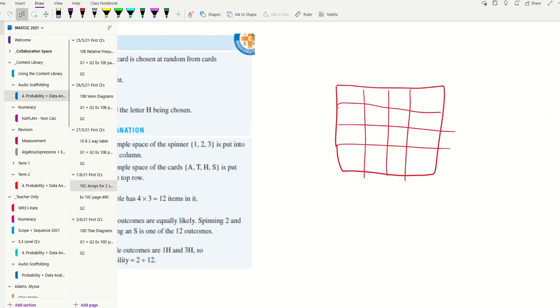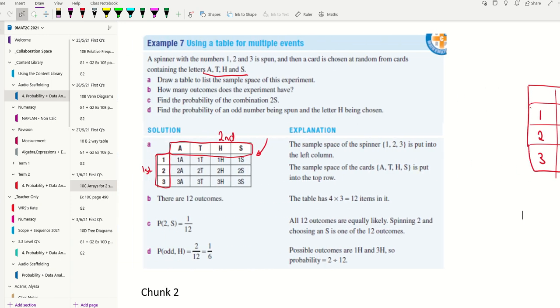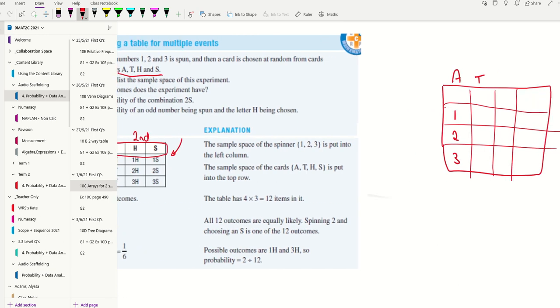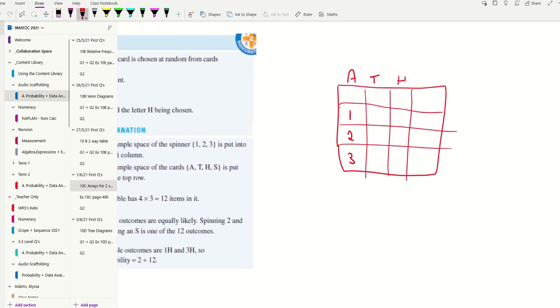We're going to put 1, 2, 3 down the side. 1, 2, 3, and then across the top we've got our letters A, T, H, S. 1, 2, 3.